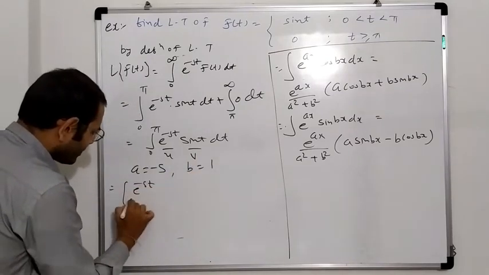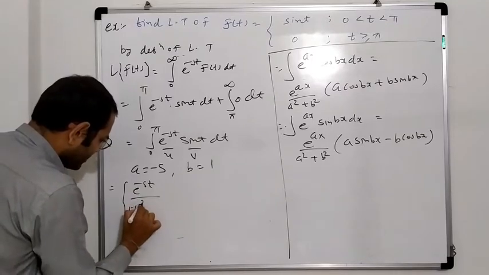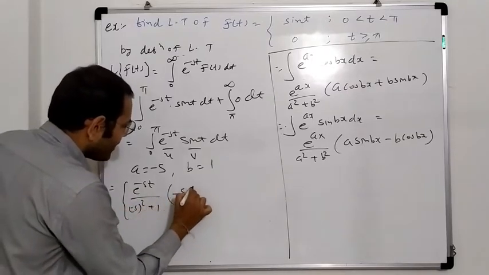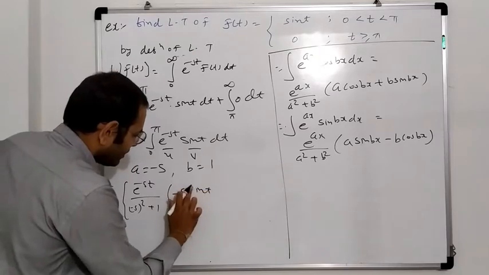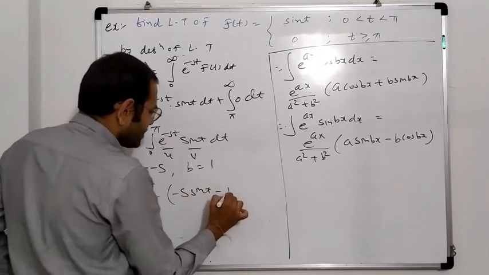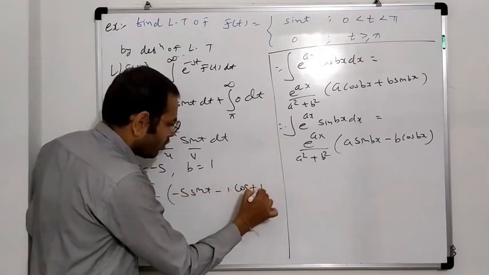Then e raised to minus st upon minus s square plus 1, into (a sin t minus 1 into cos t).